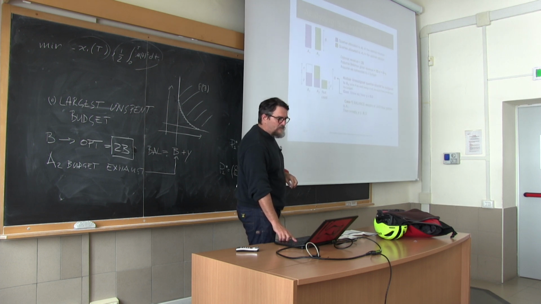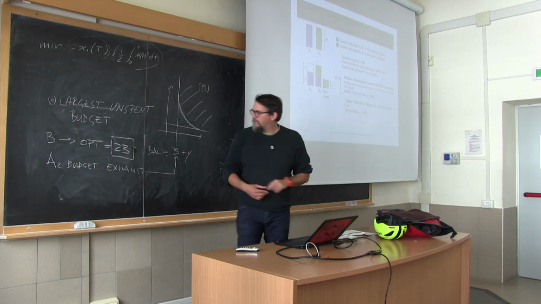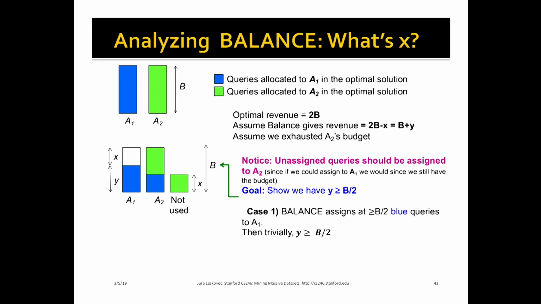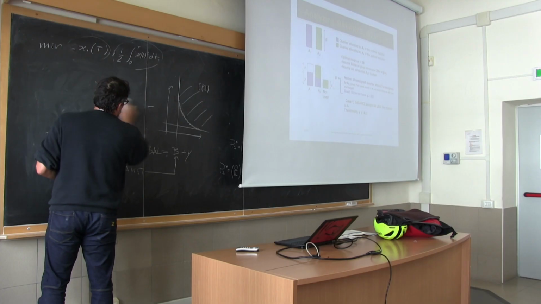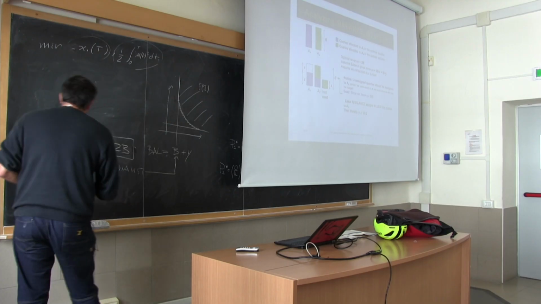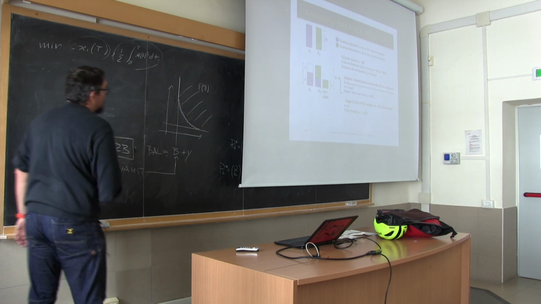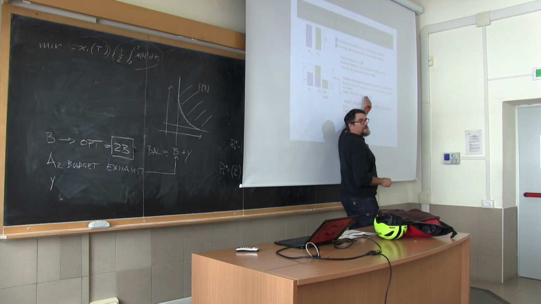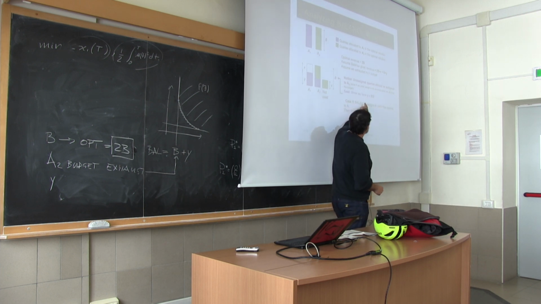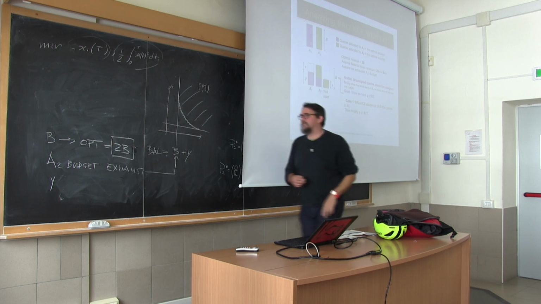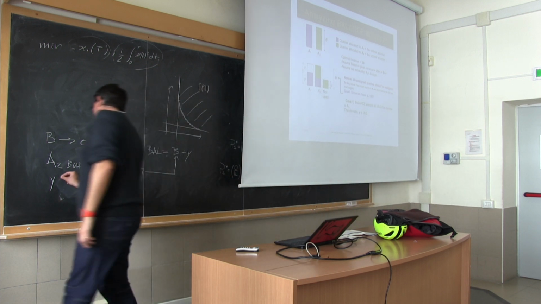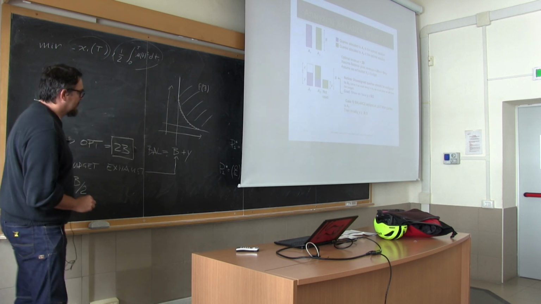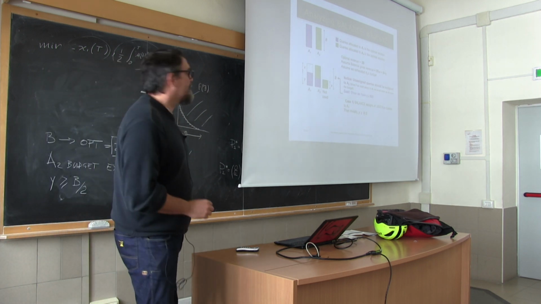Now, basically what we want to prove, and we write it here, is that Y, this is the goal of our analysis, is that Y is greater or equal than B over 2. Let's see whether we can prove it.